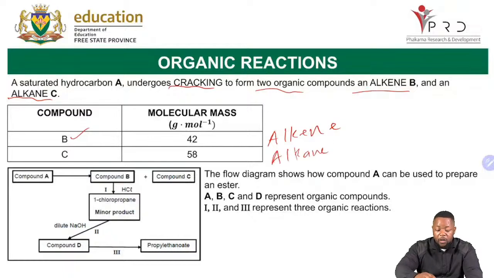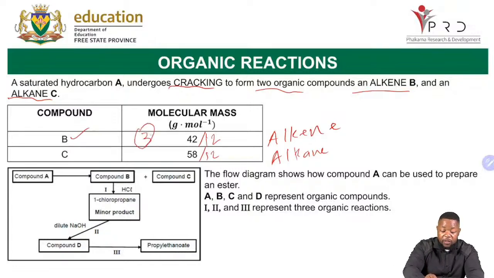One way of determining the number of carbons that each one has, we can take the molar mass divided by 12. 12 is the molar mass of carbon. So if we divide by 12, we can approximate the number of carbons in that molecule. If we take 42, divide by 12, we see that this compound should have 3 carbons.